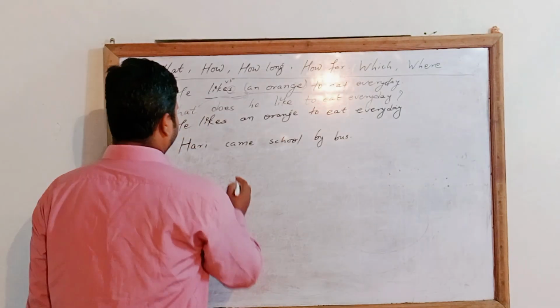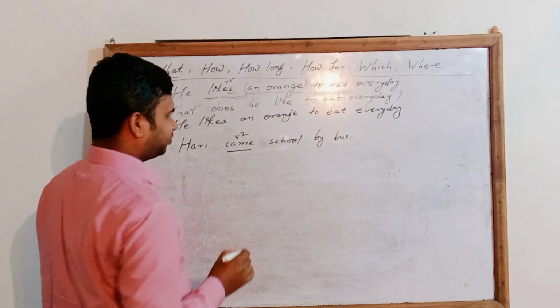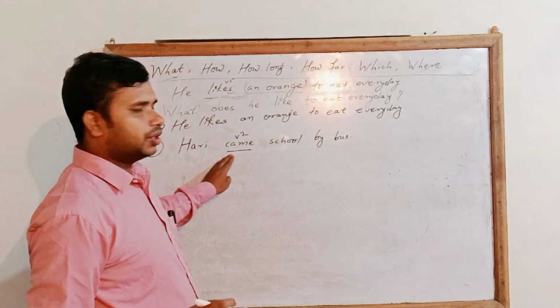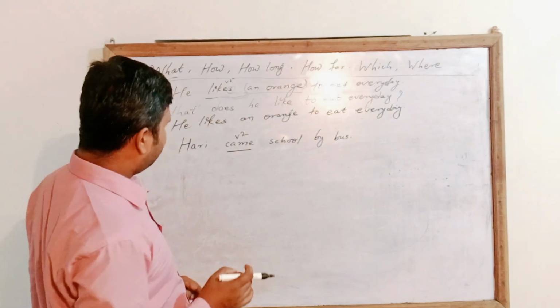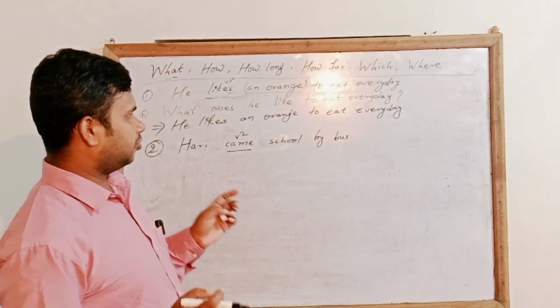So here is came. You have to identify it. It is V2 form, and you have to identify this is simple past tense. This is simple past tense. So you have to write the question here.